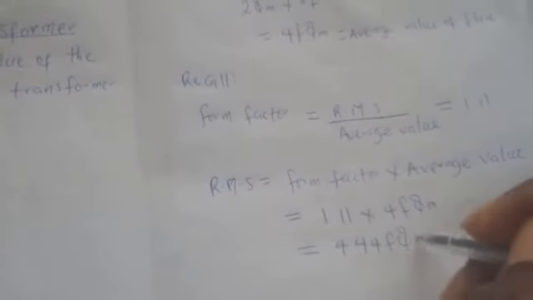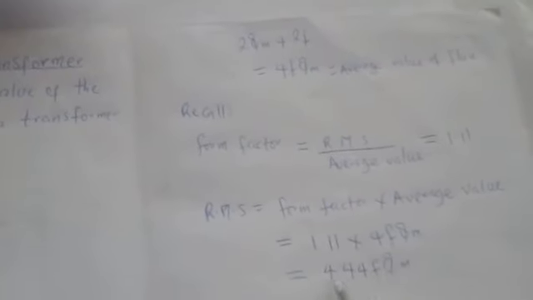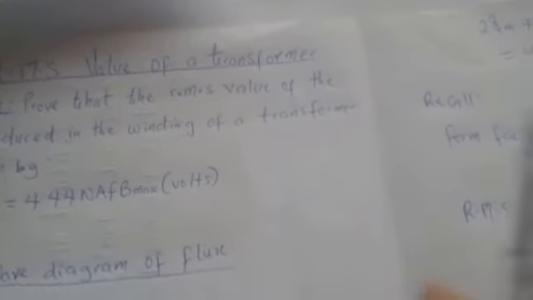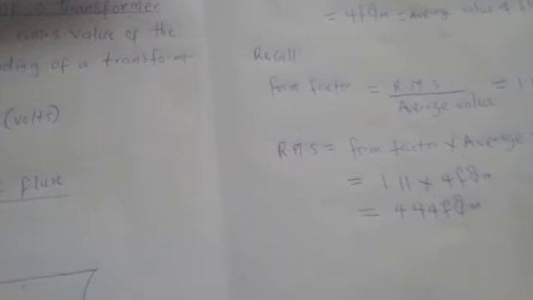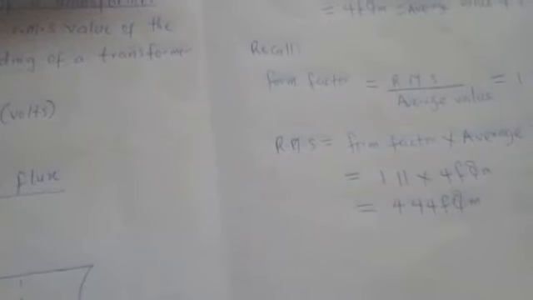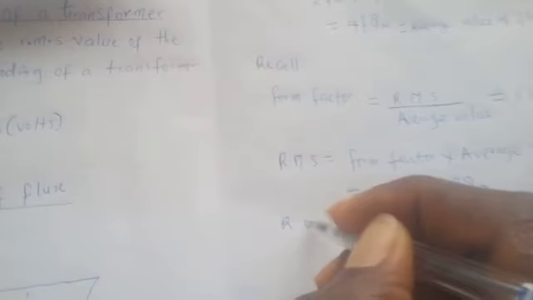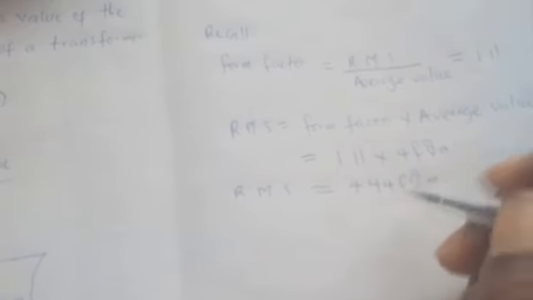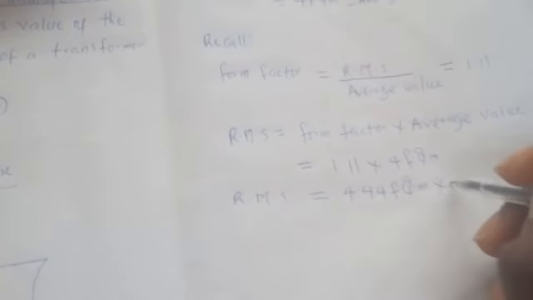F phi maximum. Now you have to recall that your root mean square value is that of a transformer, because I have to find the RMS value of a transformer. And a transformer has the primary and the secondary windings, and in these windings you have the number of turns. So your RMS value will be equal to 4.44 multiplied by frequency multiplied by the maximum flux times the number of turns.